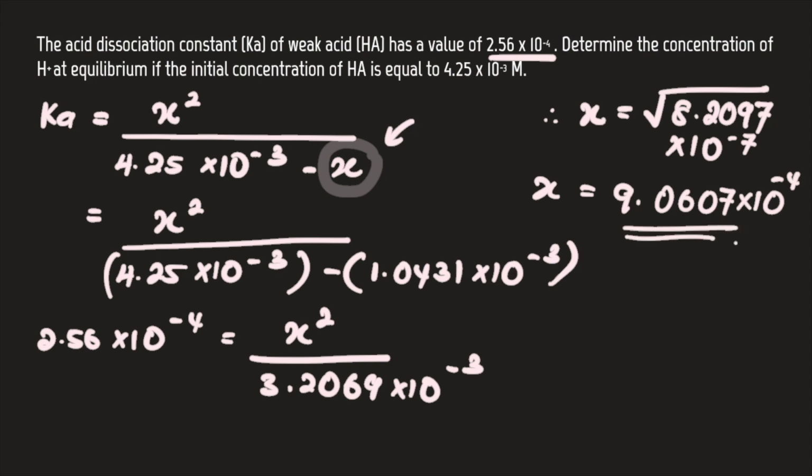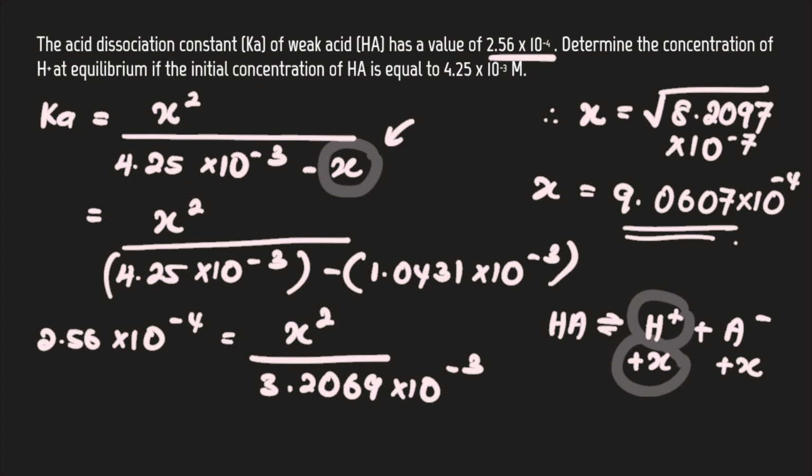Okay, if we look back at our ICE diagram, we have HA that will dissociate into H plus and A negative, right? So at equilibrium, this one is actually positive x and positive x. So the concentration of H plus is actually the value of x.